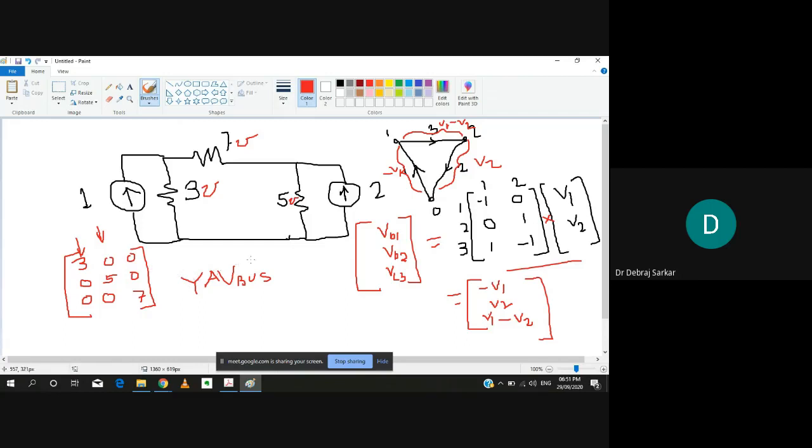Now you do this calculation. What will happen? That means you are multiplying this and this. Till now, this part is clear, so I'm going to remove this part. Anyone, if you have any problem, please tell me.